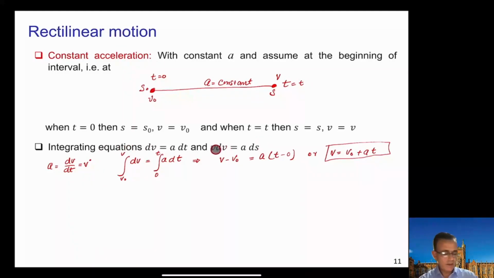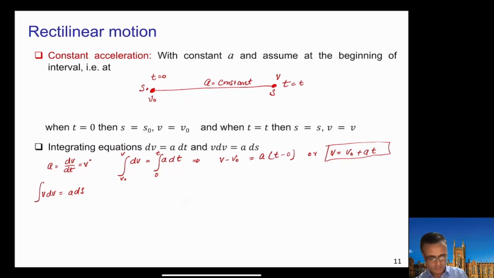Now again, we derived this equation on the previous slide, that v dv is equal to a ds. So if you take this equation here, again you integrate both sides. On the left hand side you are integrating with respect to v, and on the right hand side you are integrating with respect to s.